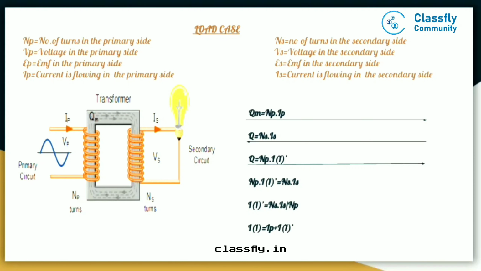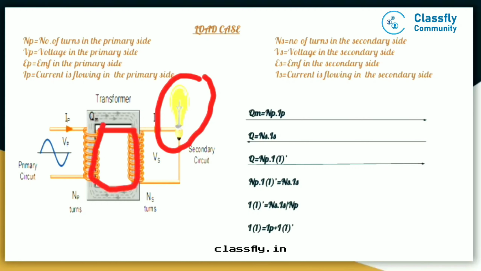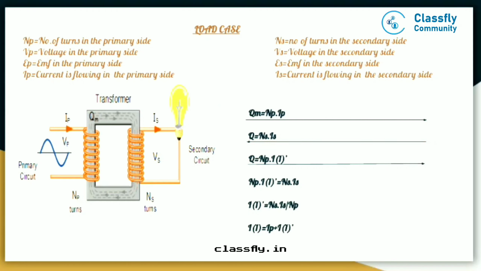Now as we put a load in the secondary side, there will be a flow of current. As there is a flow of current, another flux will get induced which will move in the opposite direction, from secondary to primary. That flux will be NS, the number of turns, times IS, the current flowing in the secondary side.